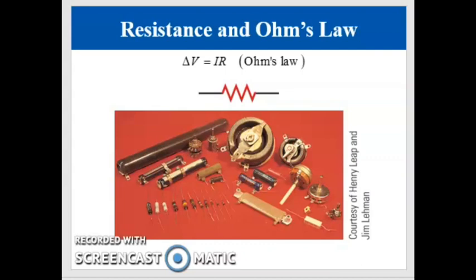The voltage difference is analogous to the steepness and the resistance to the obstructions. Based on this analogy, it seems reasonable that increasing the voltage applied to a circuit should increase the current in the circuit, just as increasing the steepness of descent increases the water current.